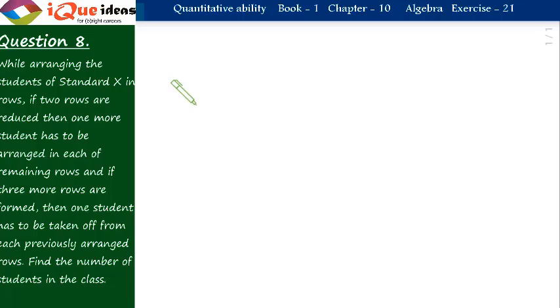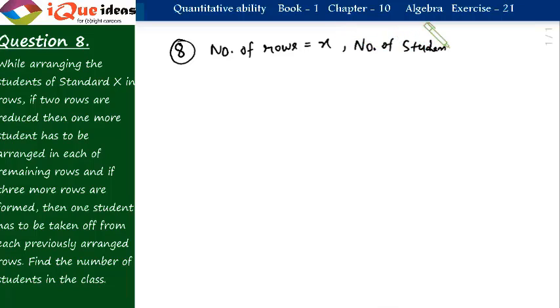Now question number 8, it's a very interesting question. It says, while arranging the students of standard 10 in rows, let's assume that the number of rows is equal to x, and the number of students originally arranged in every row is y.